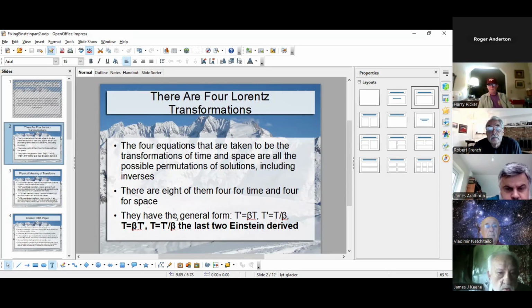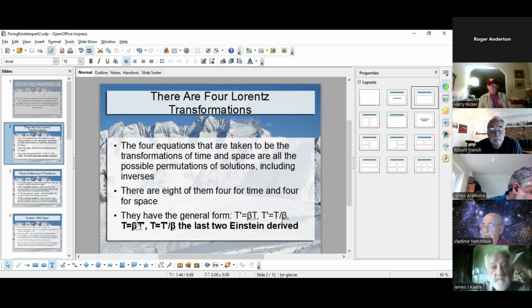So the ones that are in bold, T equals beta T prime and T equals T prime divided by beta, are basically coordinate transformations, and what we'll be talking about today. Einstein basically derived these equations that are in bold. And we'll talk a little bit about what the symbol T means.